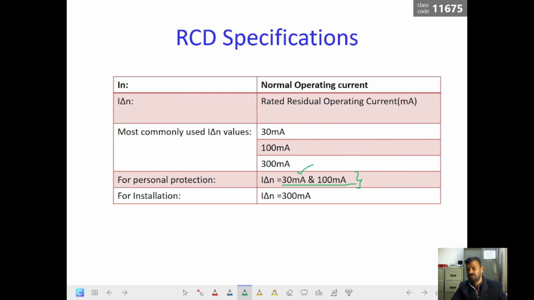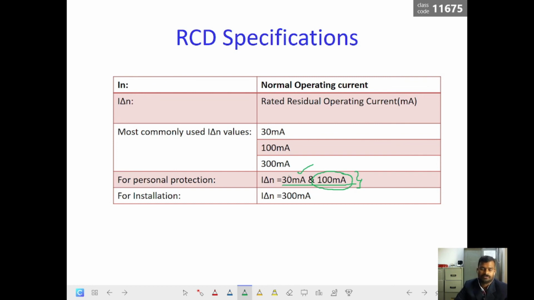If you have a 30 milliampere RCD, it has a high sensitivity and can protect you better, but sometimes it will trip frequently, even more so when the installation is becoming old. So sometimes they also use 100 milliamperes, where the protection level is a little lesser compared to 30 milliamperes, but it will not trip frequently.